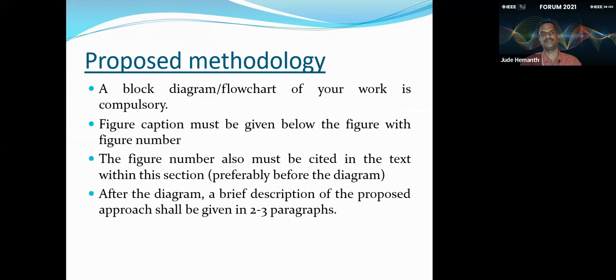After the diagram, a brief description of the proposed approach shall be given in 2 to 3 paragraphs. What is the proposed approach? Just the explanation of your diagram. Not a detailed explanation. Maybe in 2 paragraphs, you can divide into sections and tell, okay, the images are collected from this repository, or this data is taken from this website.